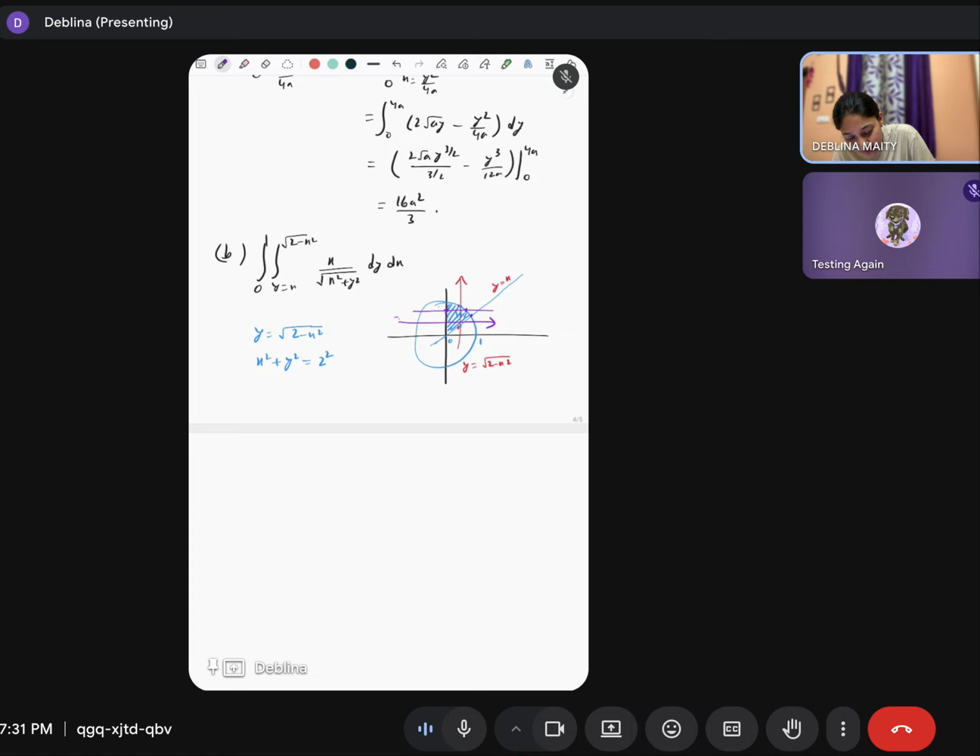Below it, x goes from 0 to the line where x is y. So there are two different cases, and we have to do the calculation in two separate intervals.